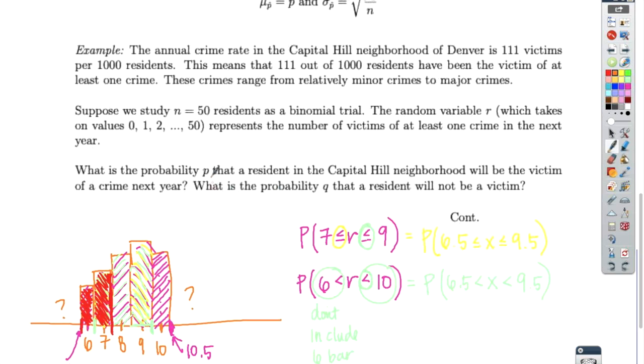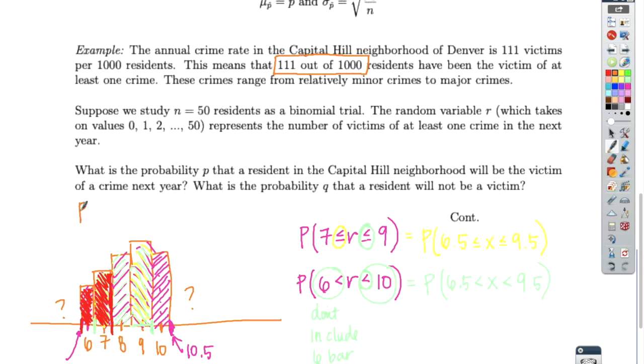What is the probability p that a resident in the Capitol Hill neighborhood will be the victim of a crime next year? And what is the probability q that a resident will not be a victim? Okay, well, we're given the fact that 111 out of 1,000 residents have been the victim of at least one crime.